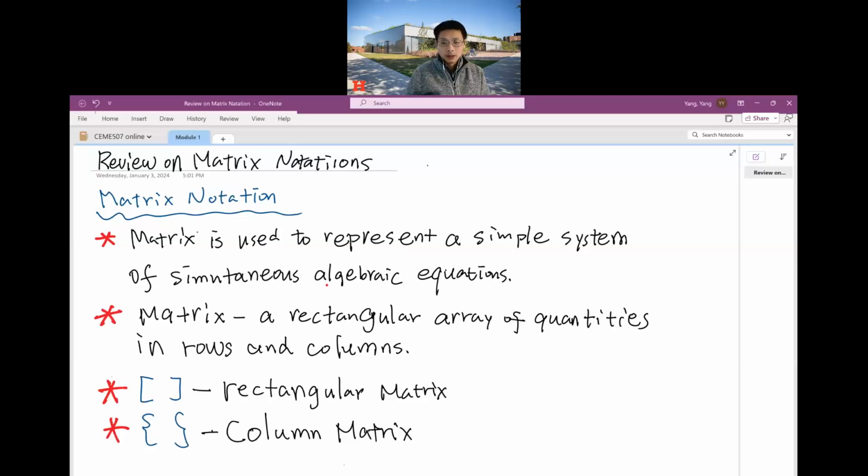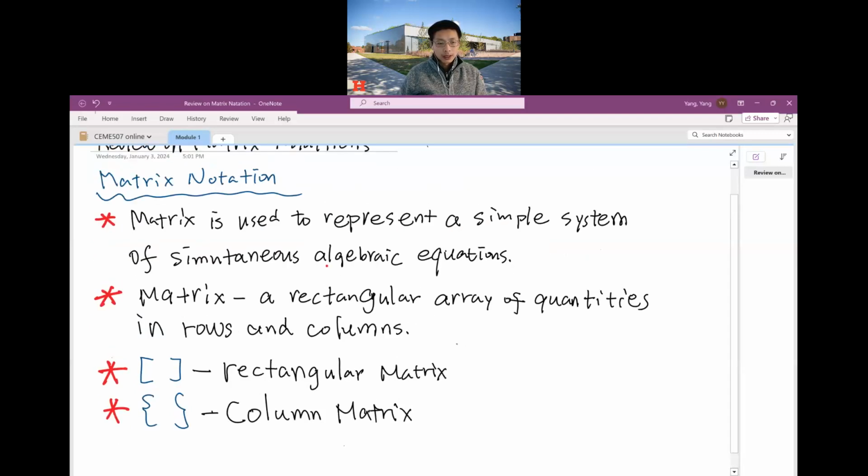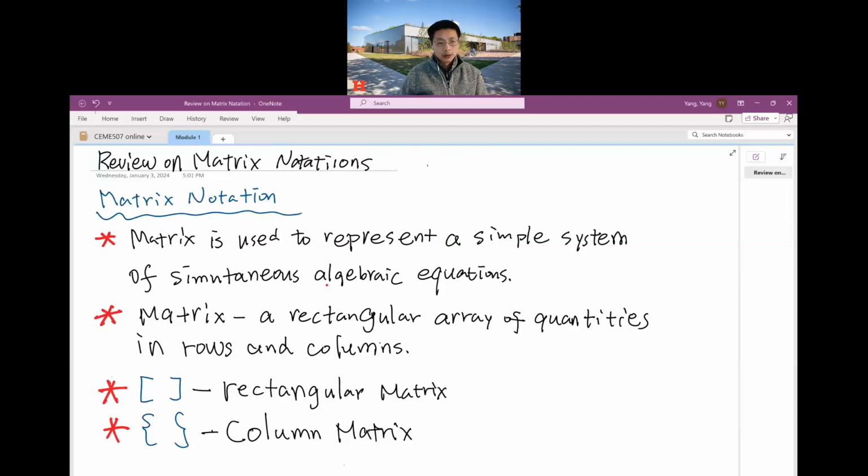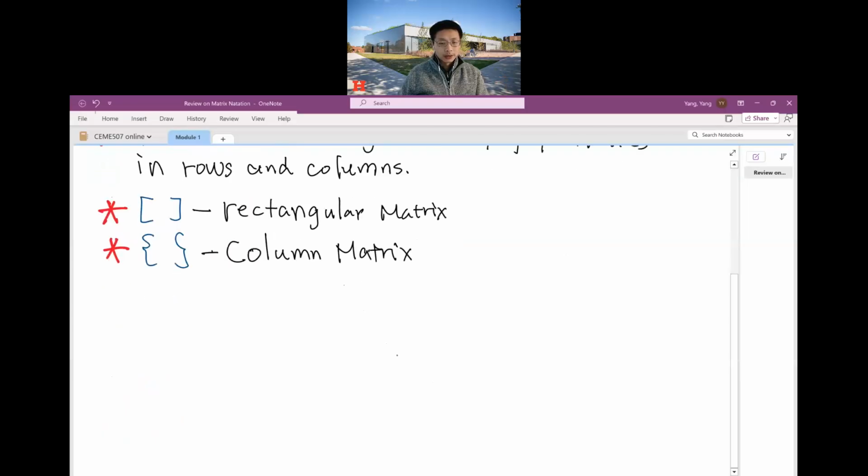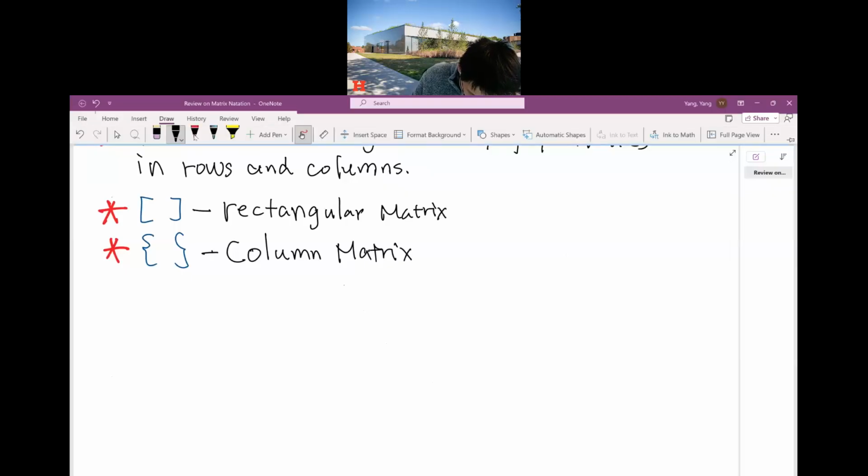So those are the symbols you will see very frequently through this entire semester. So this is a representation of the matrix right here. So let's look at some examples here.